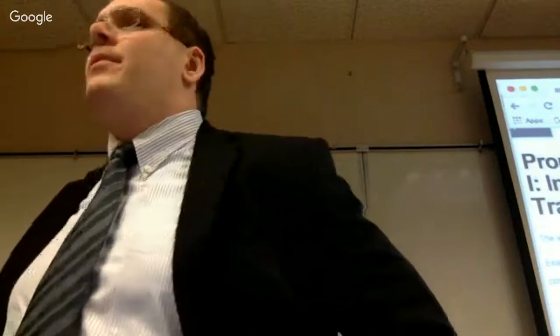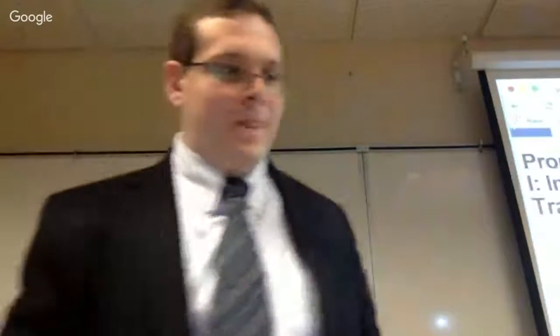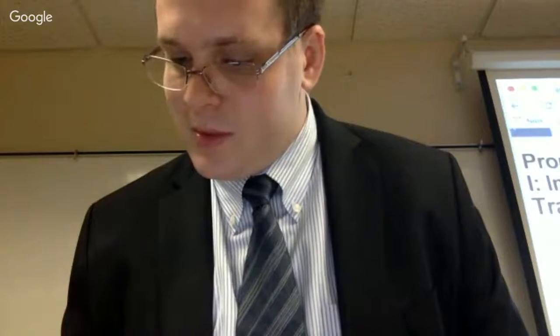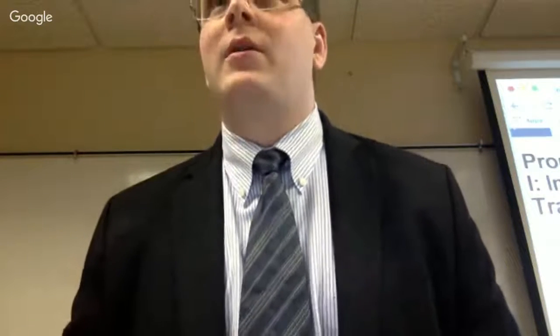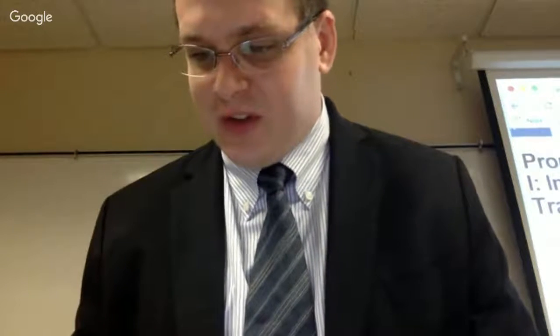Everyone okay with this one? All right, I'm going to change it up now. I'll use the exact same example I gave a minute ago, but I'm going to change it a little bit. So it's like this.